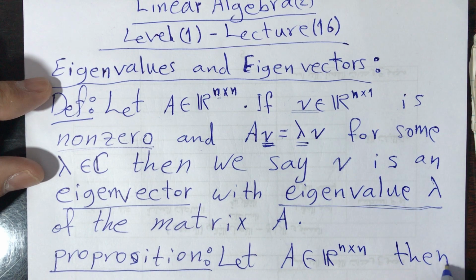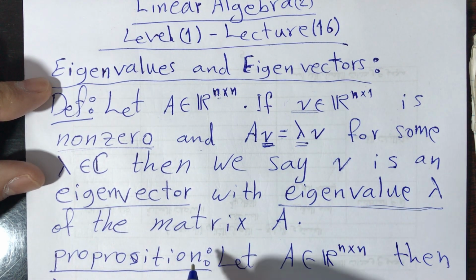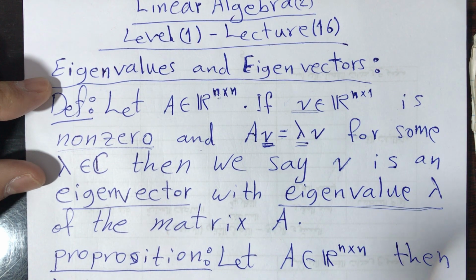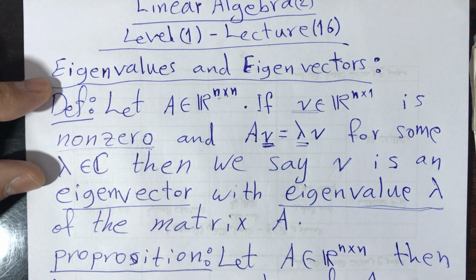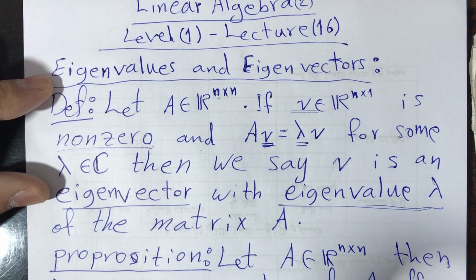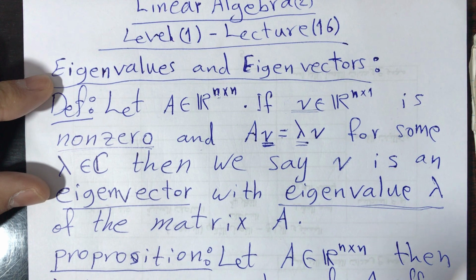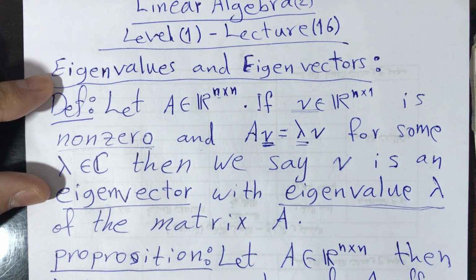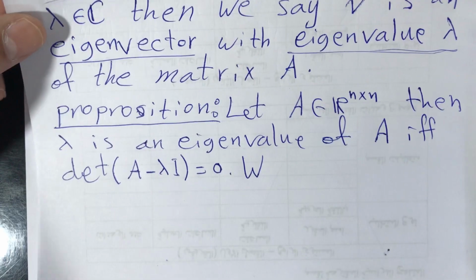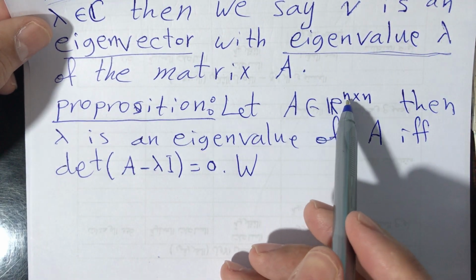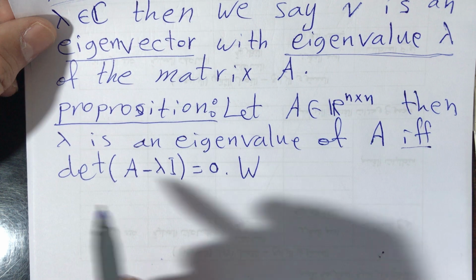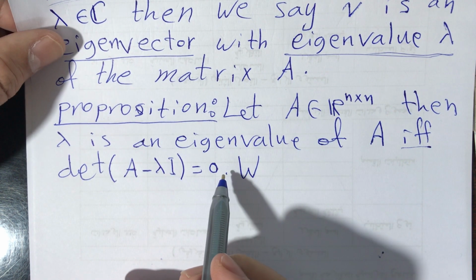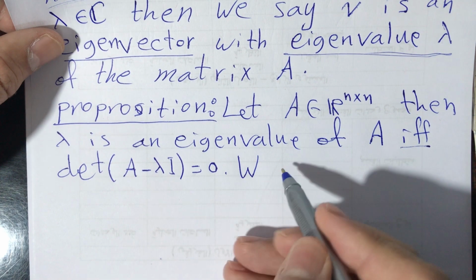Then lambda is an eigenvalue of A if and only if the determinant of A minus lambda I is equal to 0.